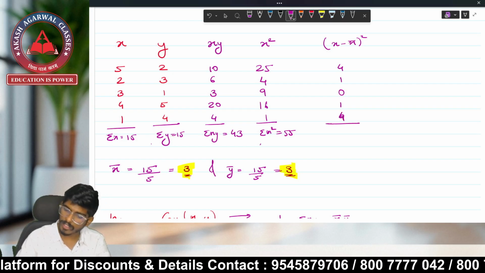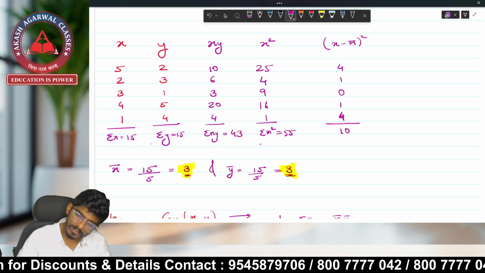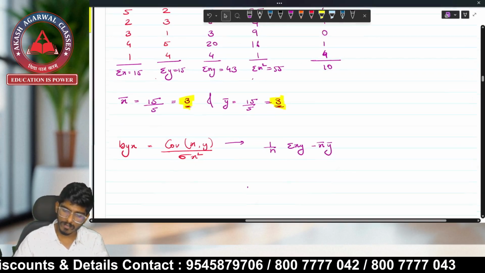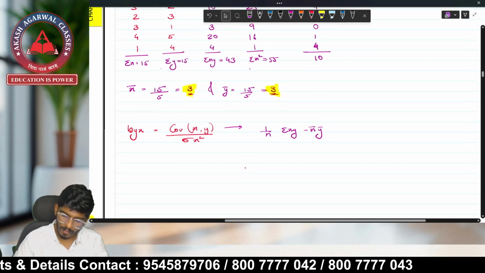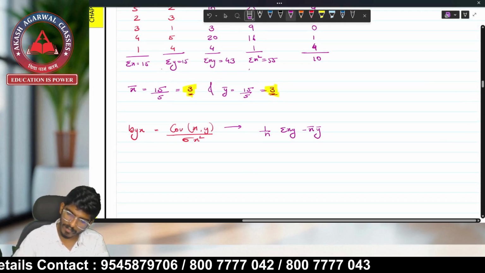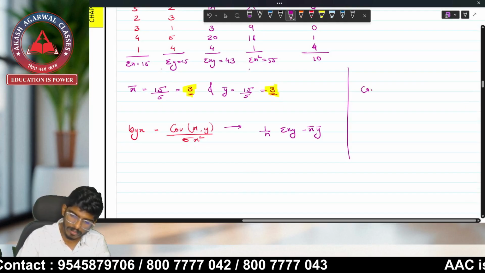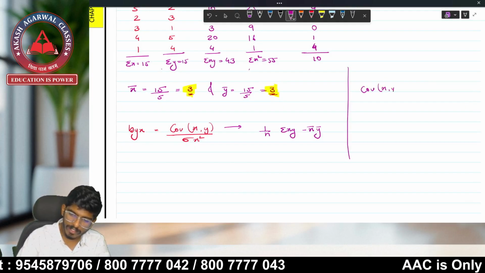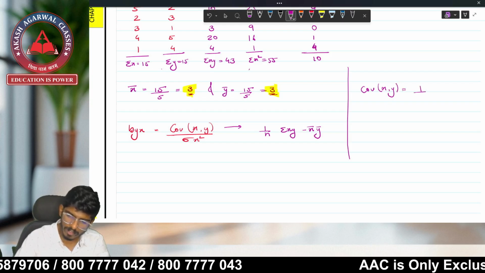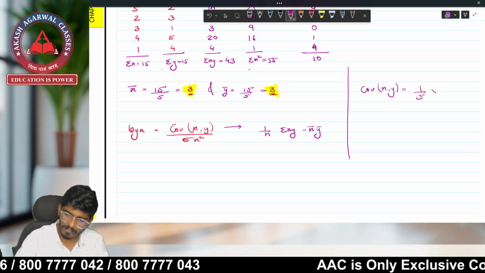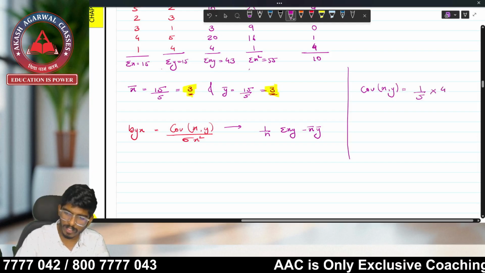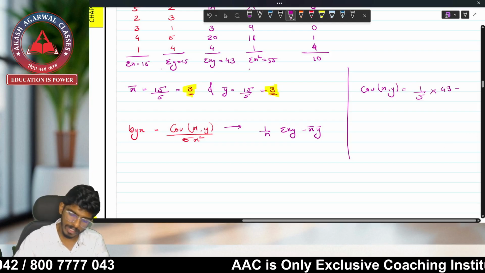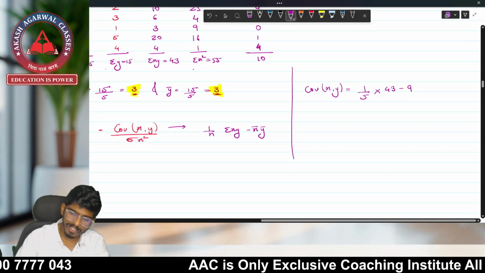So now let's calculate: 4 and 4, 8 plus 2, 10. This is going to be 10, summation of x minus x bar square. Now I need covariance, so I'll find covariance first. Covariance of x comma y is 1 upon n, that is 1 upon 5 into summation of xy, 43, minus x bar into y bar, which is 3 threes are 9.